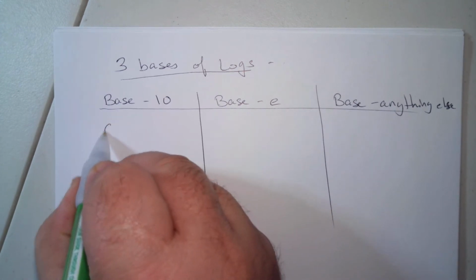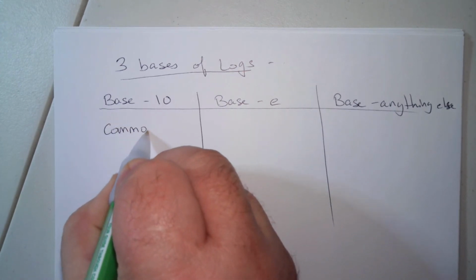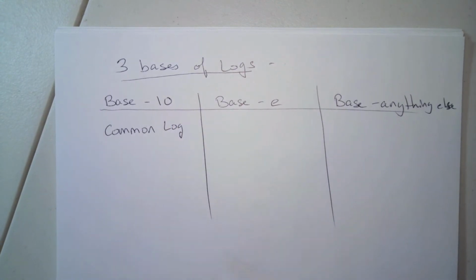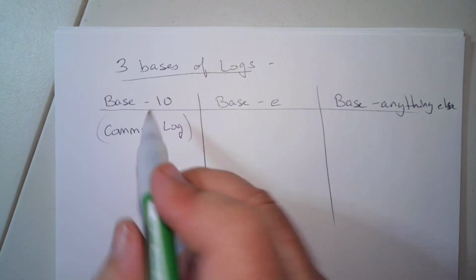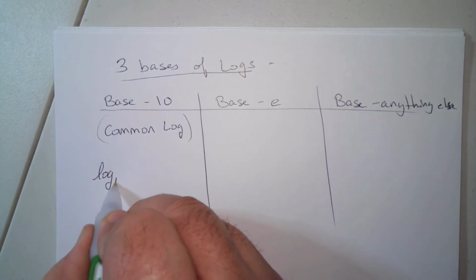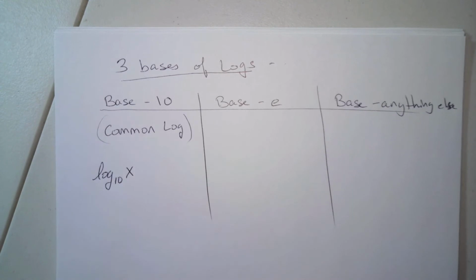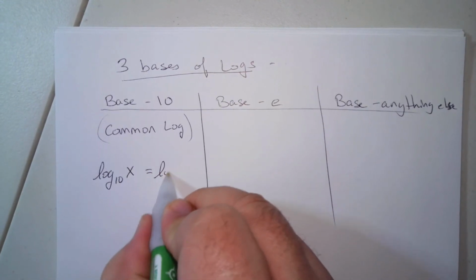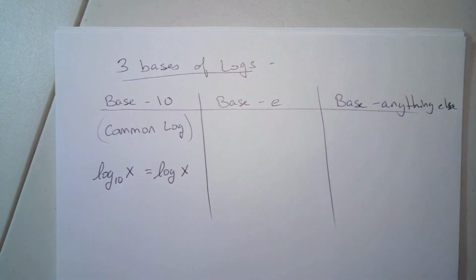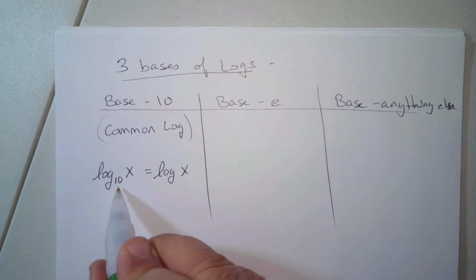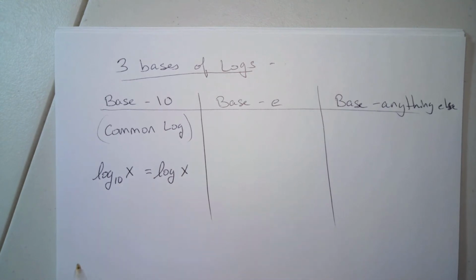That's why this is called a common log. Whenever you hear the word common log, you know it means base 10. So log base 10 of x. Since it's a common log, we don't have to write the base. Notice, if there's no base, it's automatically base 10.